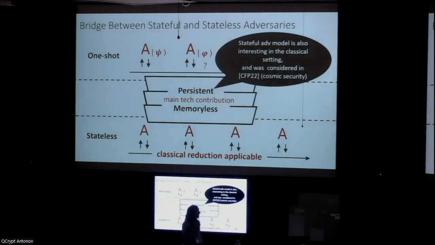So that's the idea. I just want to quickly mention that this model of stateful adversaries was also considered, independently and concurrently with our work, in the classical setting as well. This is a work by CFP, what they called cosmic security.